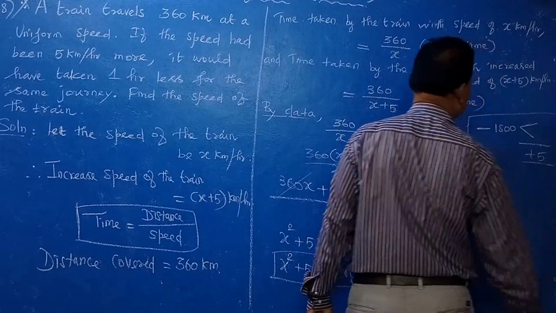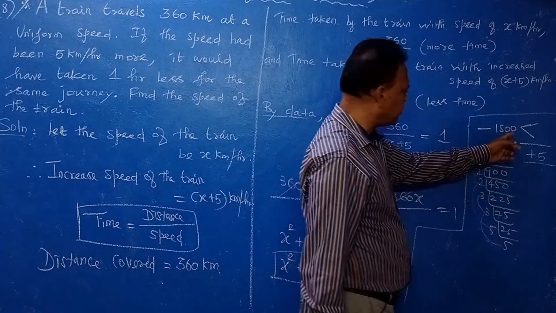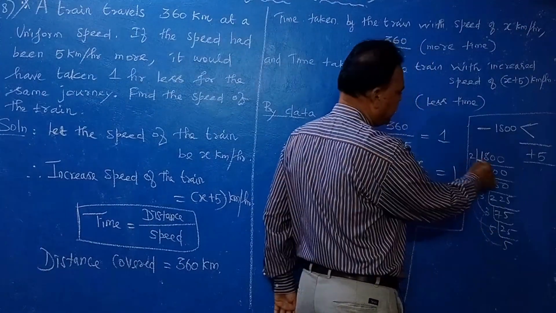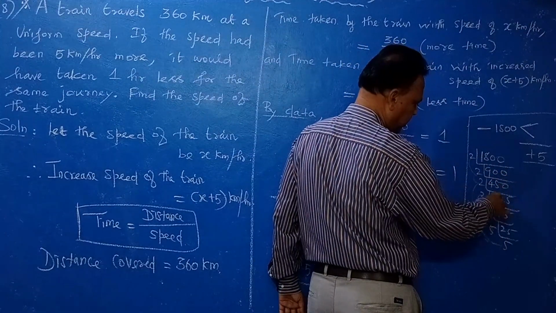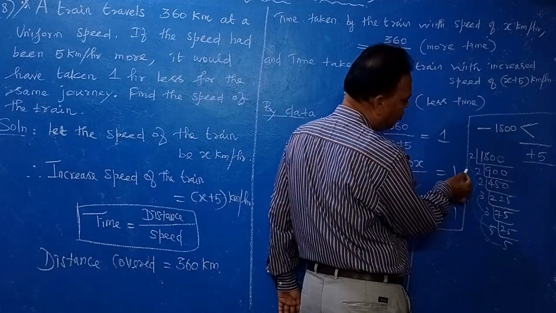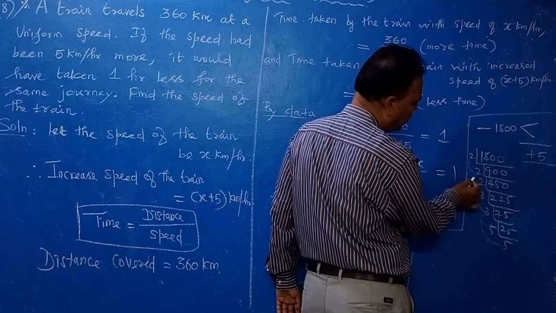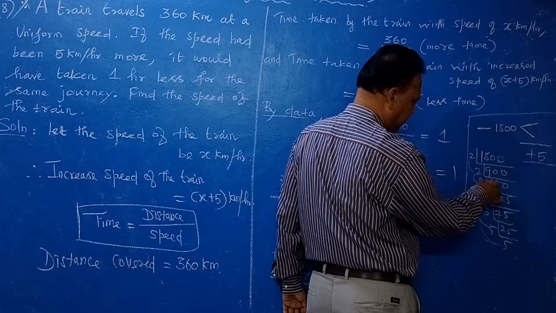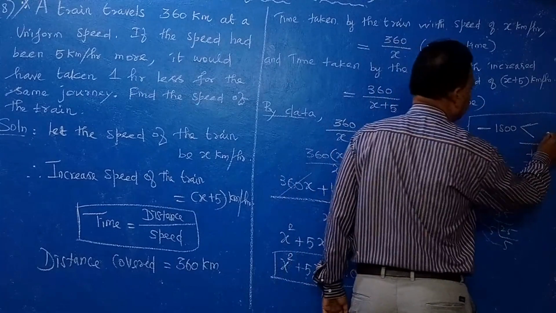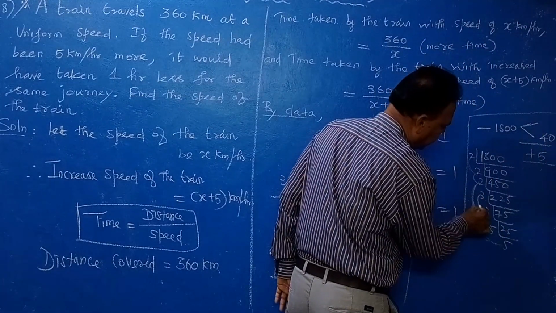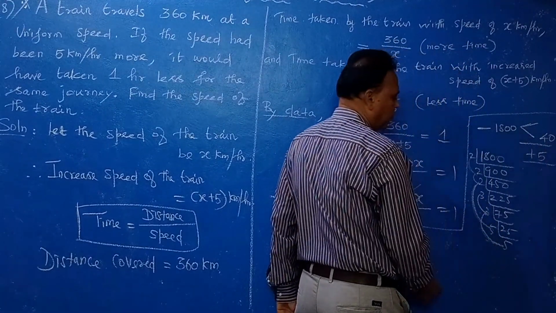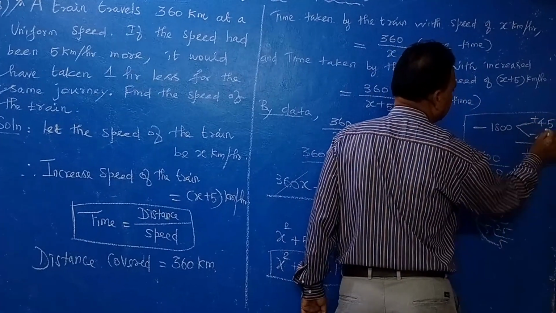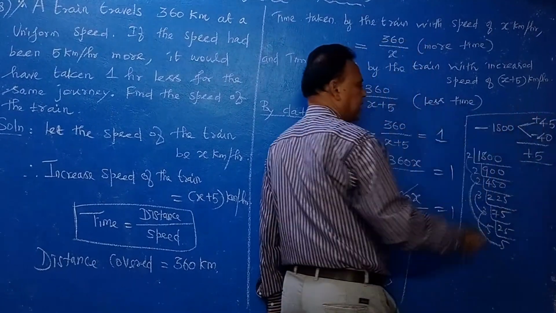You split 1800 into factors: divide by 2, again 2, again 2, then 3, 3. Then make the factors. 2 into 2 is 4, 4 into 2 is 8, 8 into 5 is 40, that is one factor. Then 3 into 3 is 9, 9 into 5 is 45, another factor. The bigger number takes plus and the smaller number minus, so the sum is 5 and the product is correct.